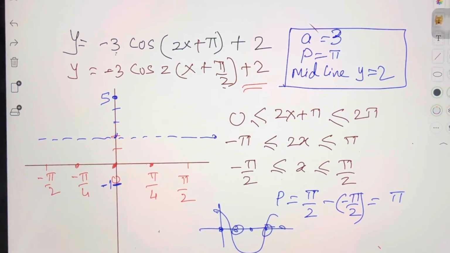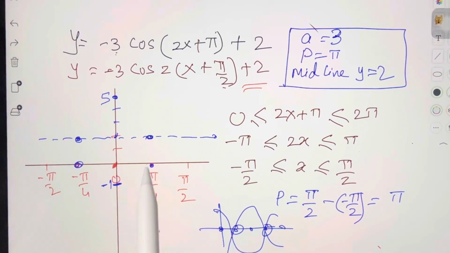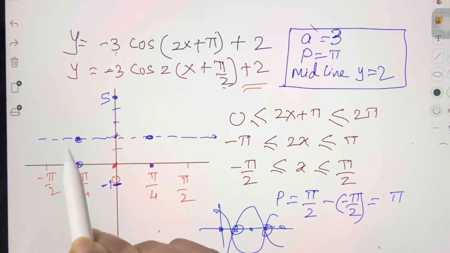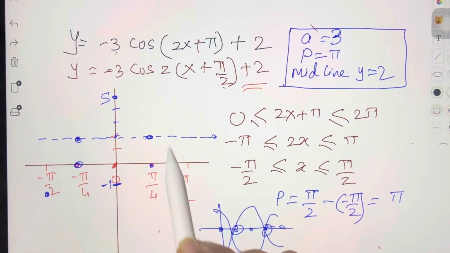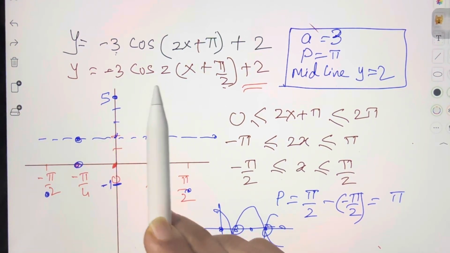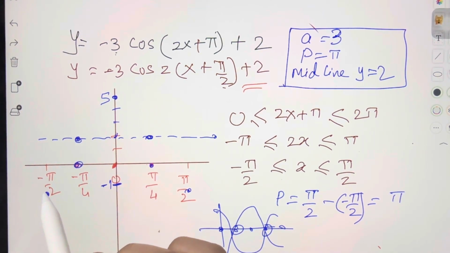It's like this, even if it is upside down. So my zeros are this and this. Put those points here. Those are the zeros, and it will be upside down. So your minimum will be here, go down here, and maximum will be here. I think we got all the points.